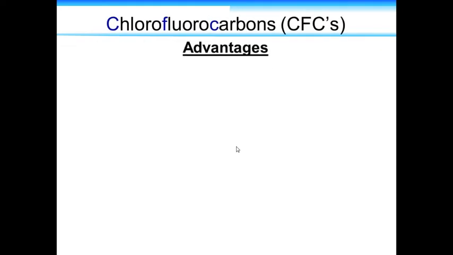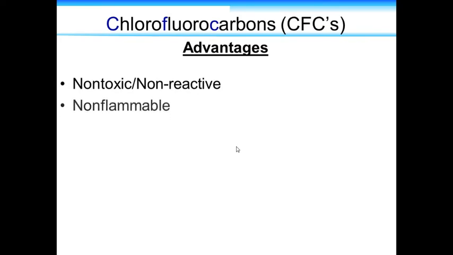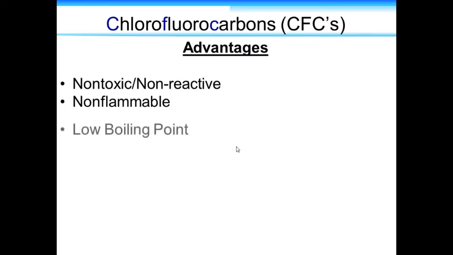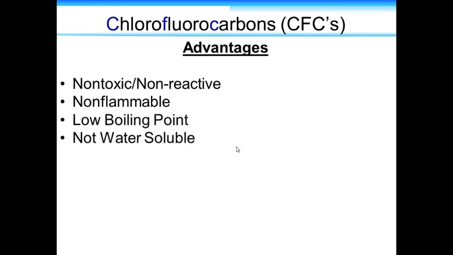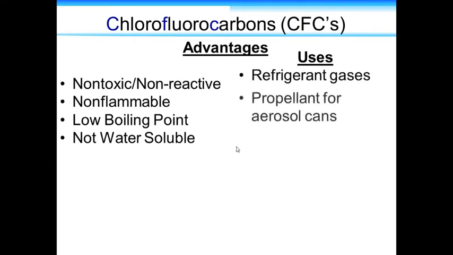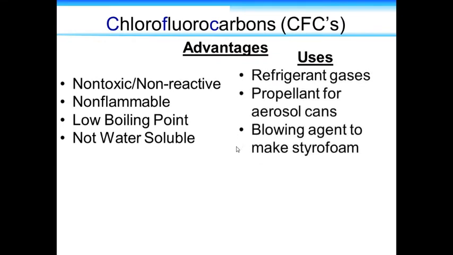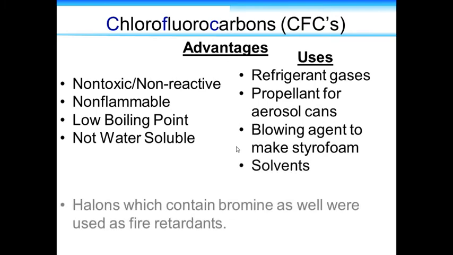So, as you saw, some advantages are that they're non-toxic, not reactive, non-flammable, have low boiling points, and are not water soluble. They can be used as refrigerant gases, in aerosol cans. They can make styrofoam, insulation, and can be used as a solvent.